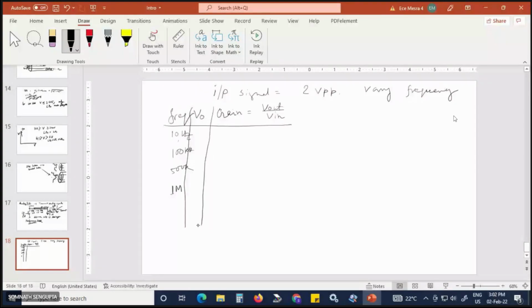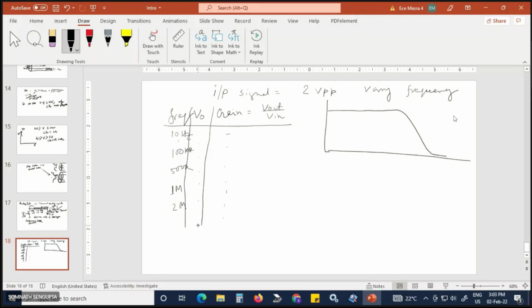So it is quite a long range of frequency, and you calculate different output voltage at the receiver end. So you calculate the gain. You have to plot this in a semi-log graph paper, and you will get this kind of response.